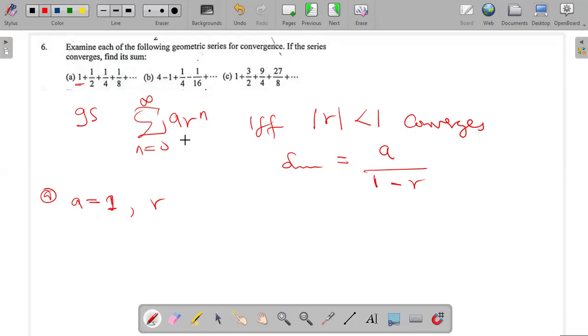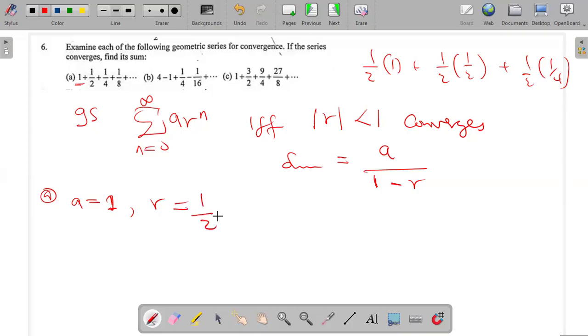In each and every one of them, I have a 1 over 2. On the second term that follows, they have 1 over 2, the one that follows has 1 over 2, and the next one follows with 1 over 4. So this continues in the series like that. That's the common ratio.